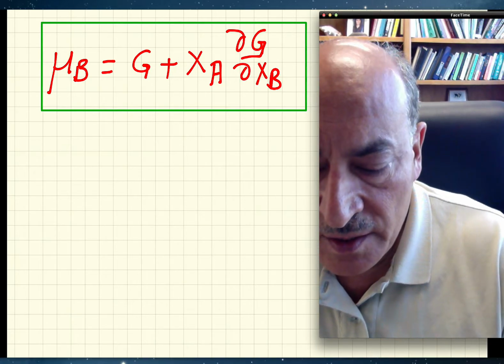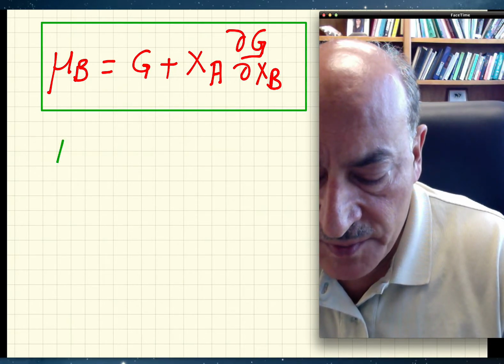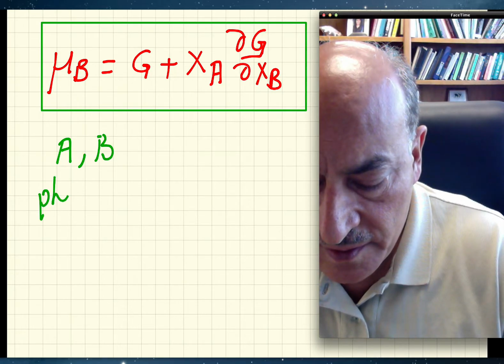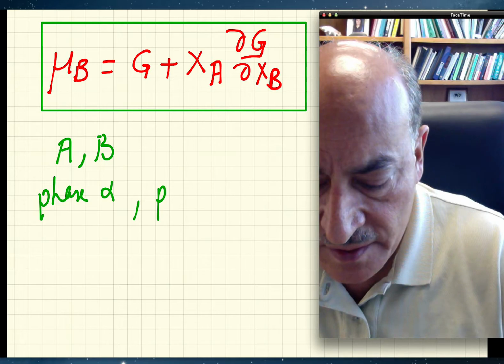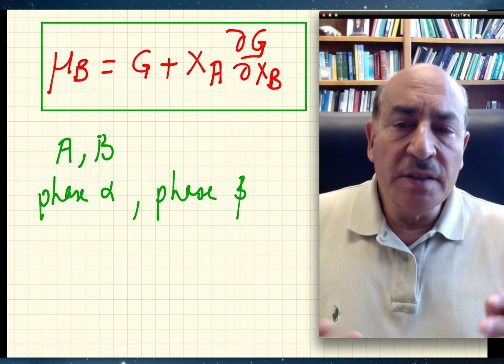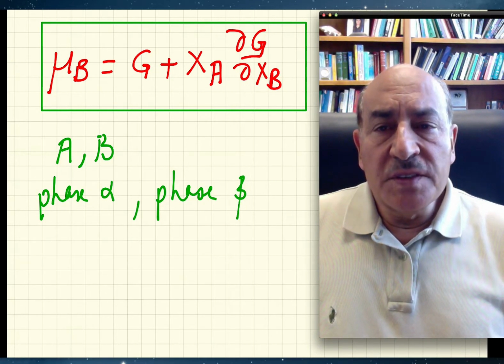So let me just summarize. We have element A and element B, and we have phase alpha and phase beta. These are the different things that we have to consider here.